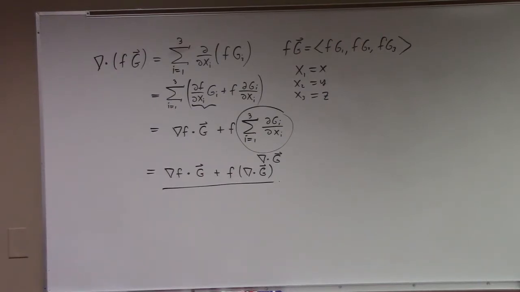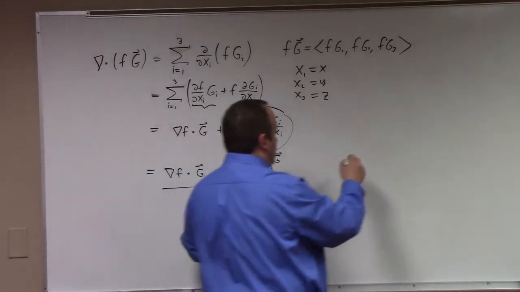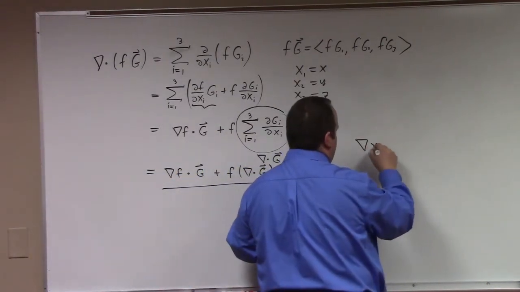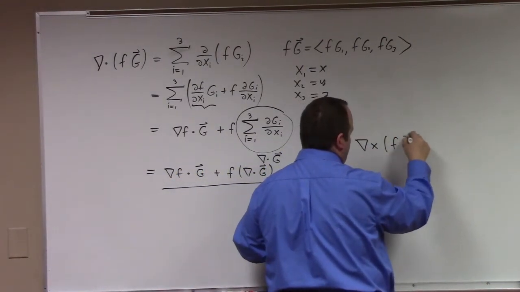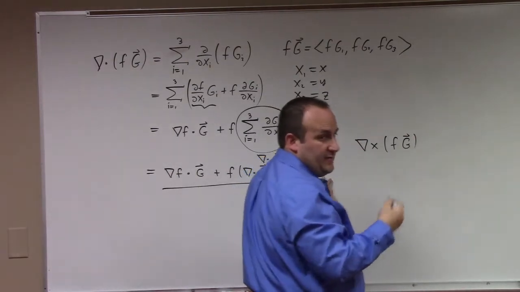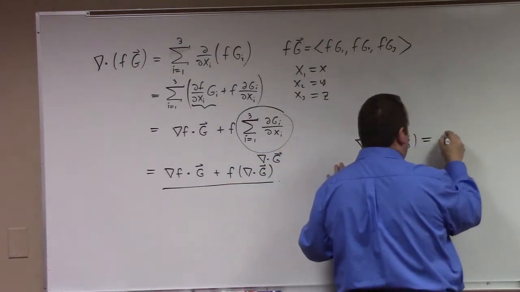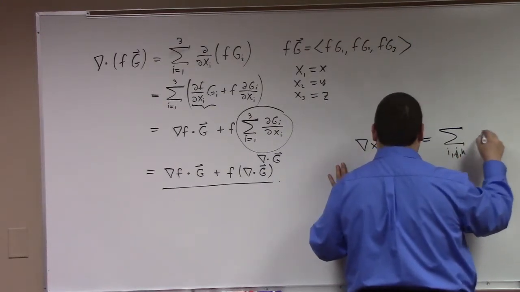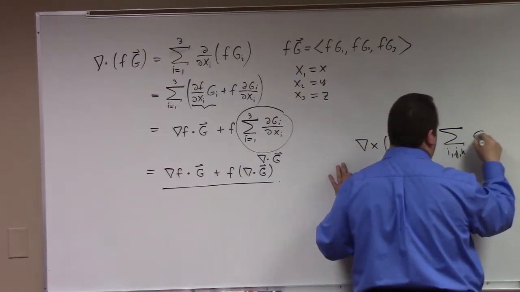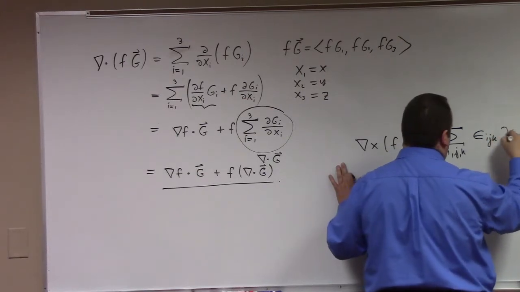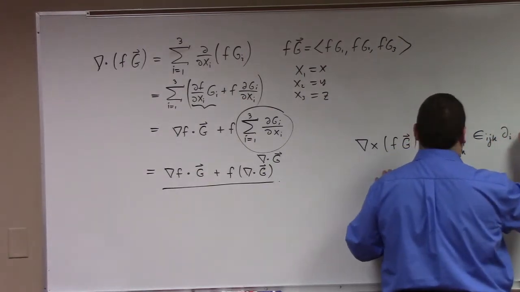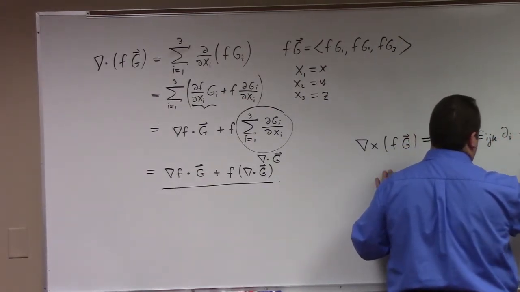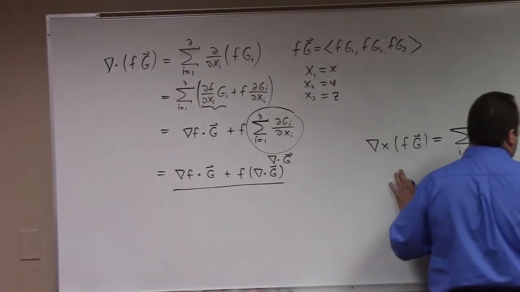Now, to start the other one, you just need to calculate smart. So what is it? The curl of F times G again? Is that right? So I won't do the whole thing, but I'll start you out. So this is by definition the sum over i, j, k of epsilon ijk partial i of F times G_j, and then x hat k.